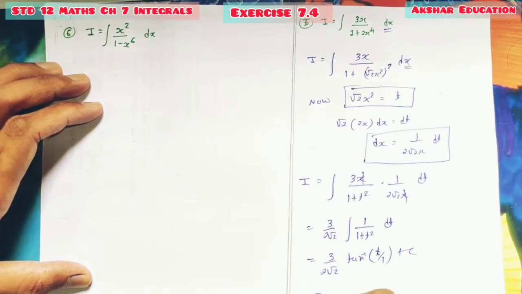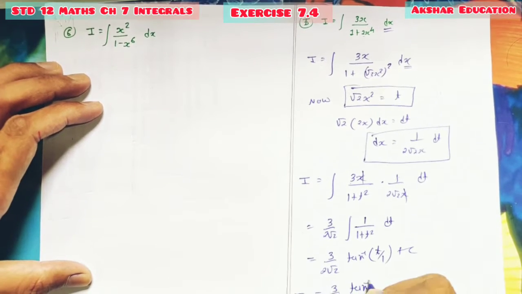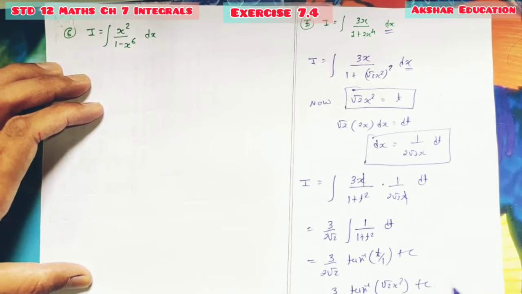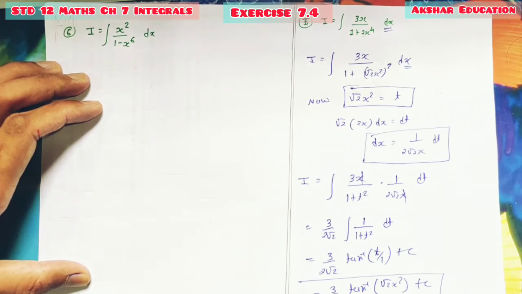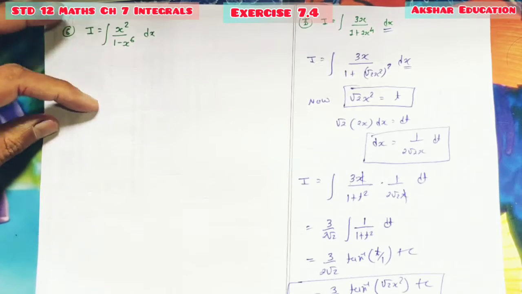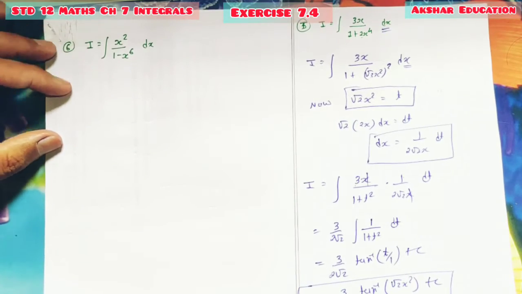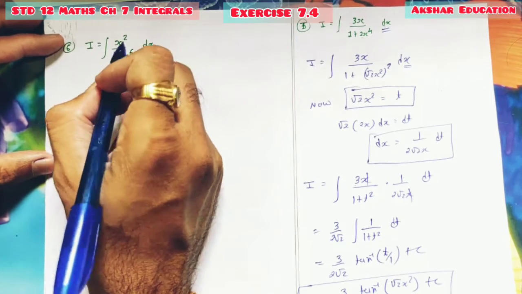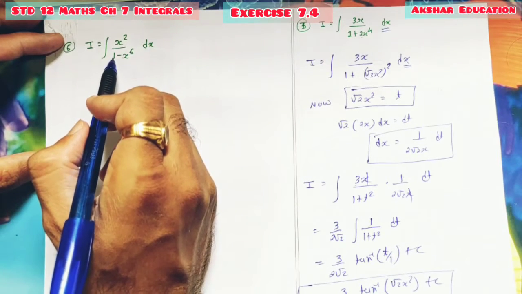So integration I is 3 upon 2 root 2 tan inverse root 2 x square plus c. Done.